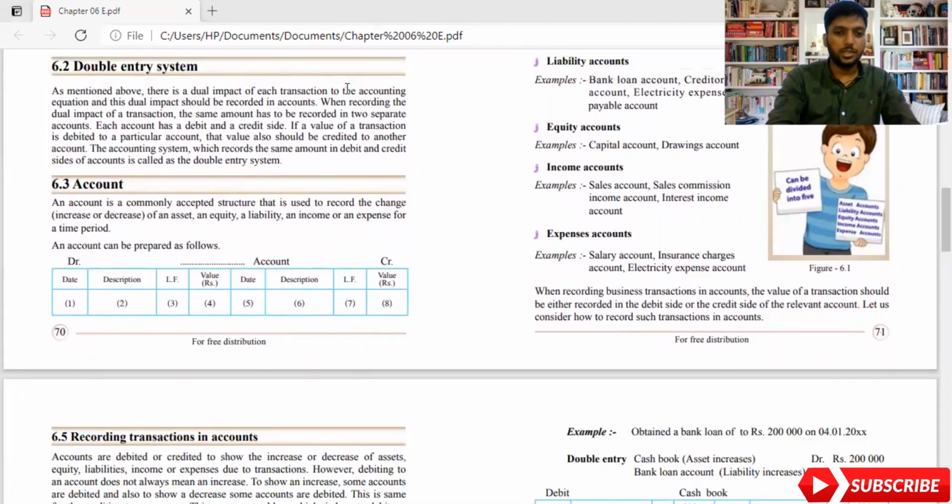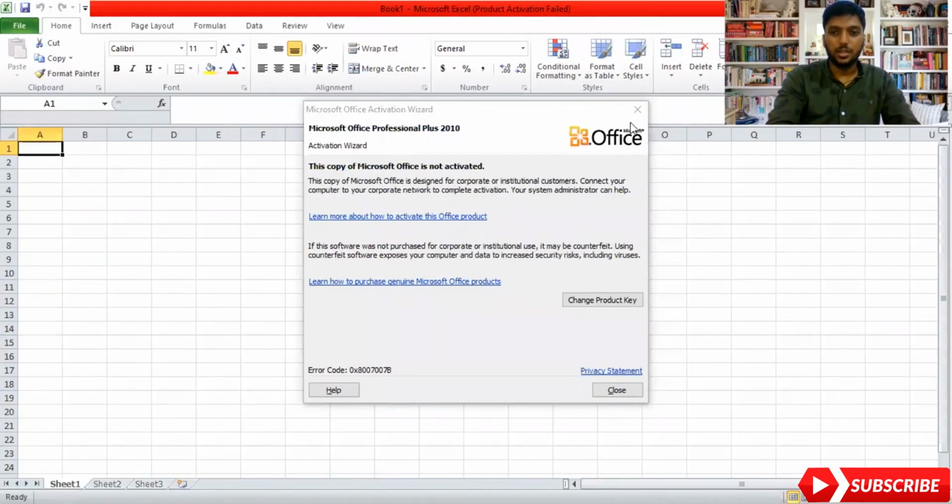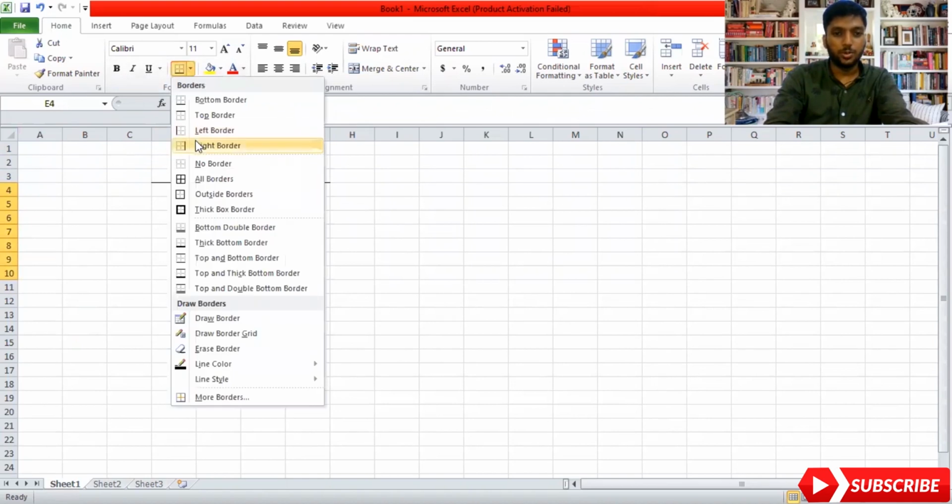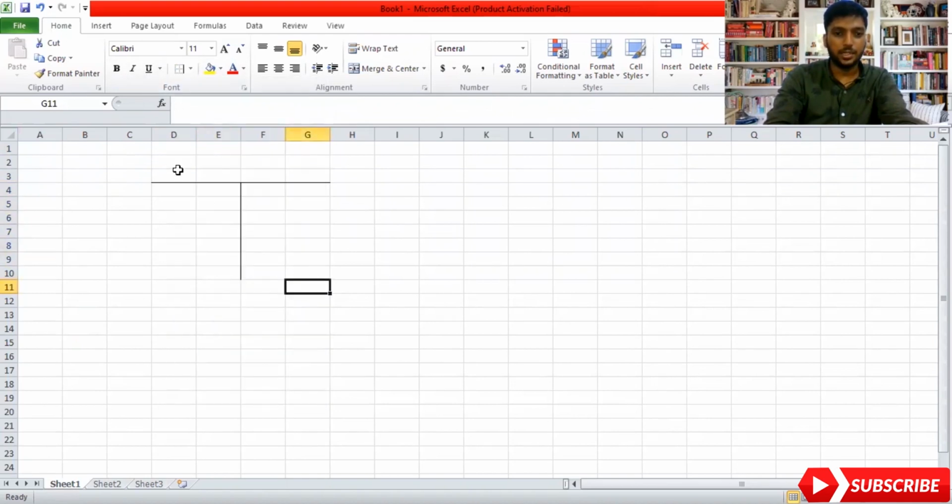Now you are seeing my Excel. I hope you guys can see my Excel. Here I'm going to draw a ledger account to make it easy for you and for me. This is how a ledger account should look in your exams. You don't need to specifically write the details and date.